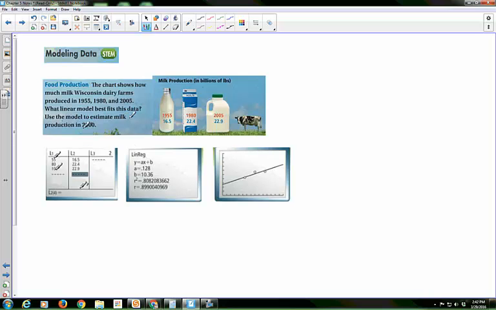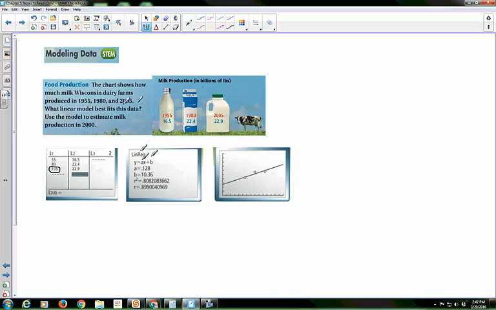So what we do is we input the year, and then we input the milk production. So 55, we had 16.5, 80, we had 22.4, and check this out, this 105, that is 2005. So think about if 0 is 1900, then 2005 would be 105.